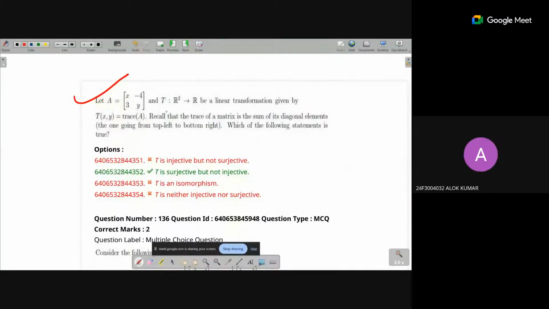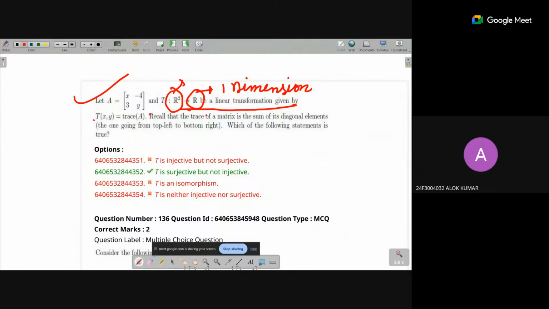So basically, in this question, we have to find the transformation first. Here it is given that the domain is R square, and we are taking the image in R, basically one dimension. So first we have to find the linear transformation.